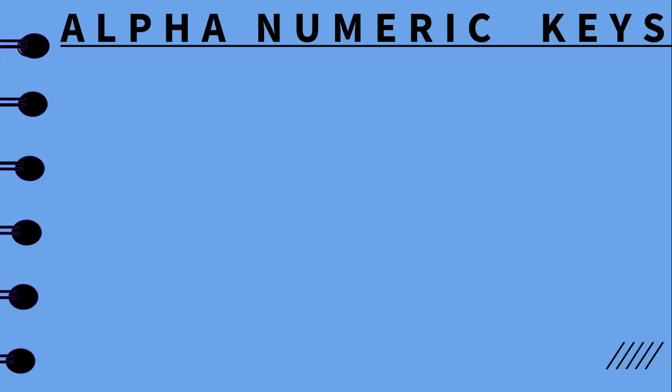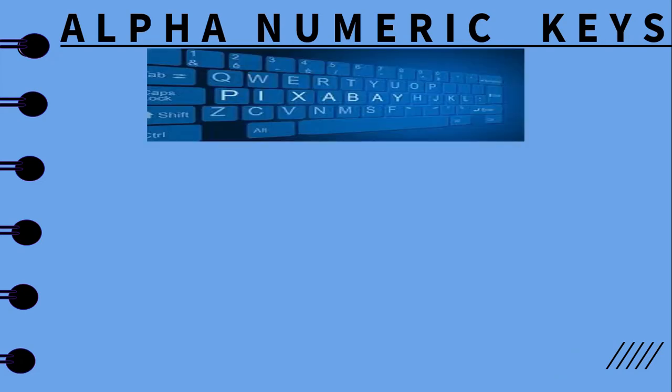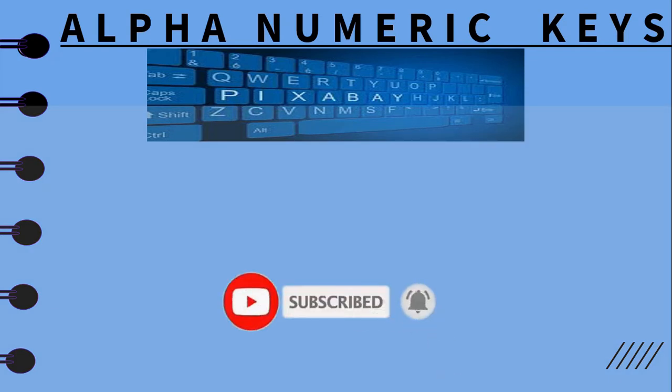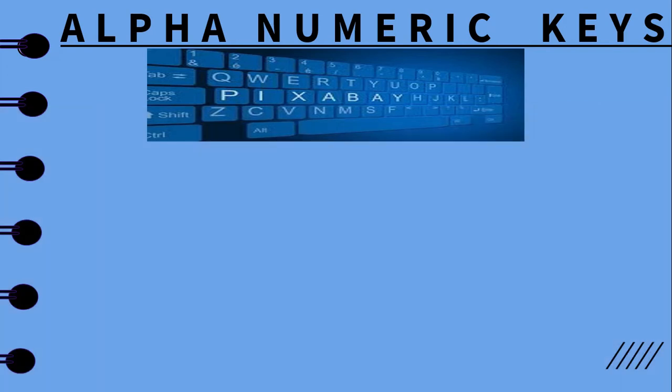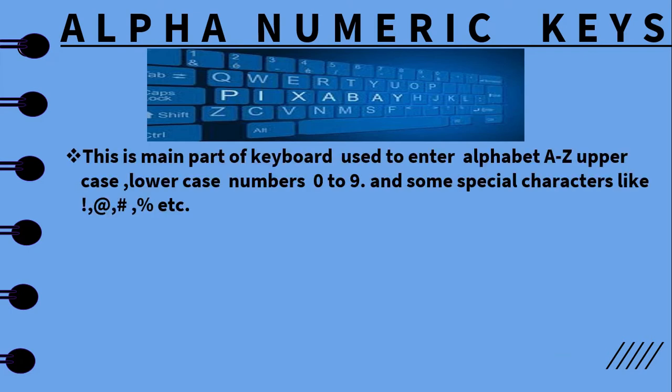Alphanumeric keys. This is the main part of the keyboard used to enter alphabet A to Z, uppercase and lowercase letters, numbers 0 to 9, and some special characters like exclamation mark, at sign, hash sign, and percent sign, etc. These keyboards are also known as QWERTY keyboards because the first 6 characters on the top row of alphabets are Q, W, E, R, T, Y. Some keys contain double characters.